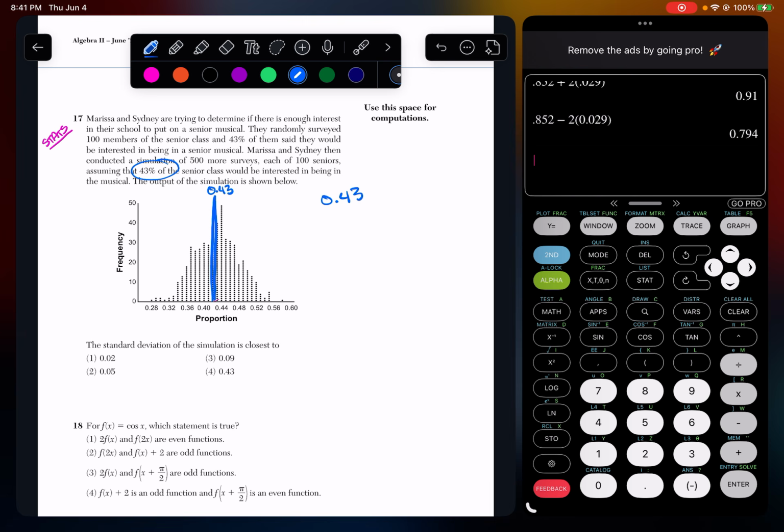So if I look at this bell curve, right? What I want to remember is that if I have my mean, if I go up 2 standard deviations and down 2 standard deviations, that is where my 95% live.